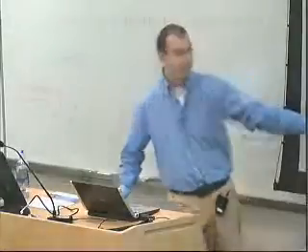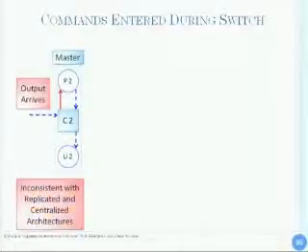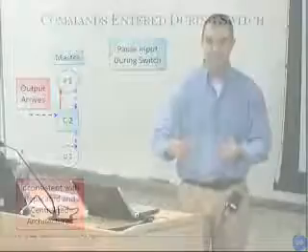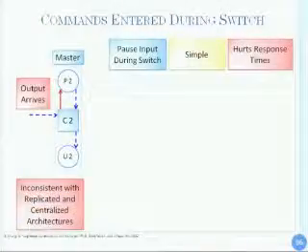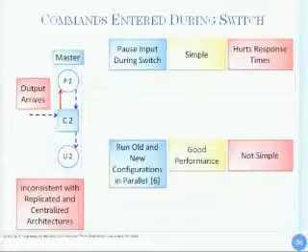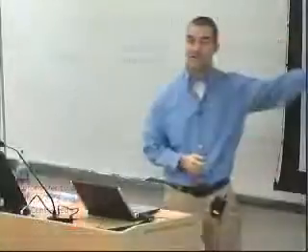Okay. So one way to combat this is to simply say, I'm going to pause input during the switch. Now, while this is a simple approach, it hurts response times because any command entered during the switch is going to be delayed until the switch is done. So Chung actually showed an interesting way of running the old and new configurations in parallel, kind of like I run my old and new communication architectures in parallel. And the good benefit is that it doesn't hurt performance, but it's not really simple.